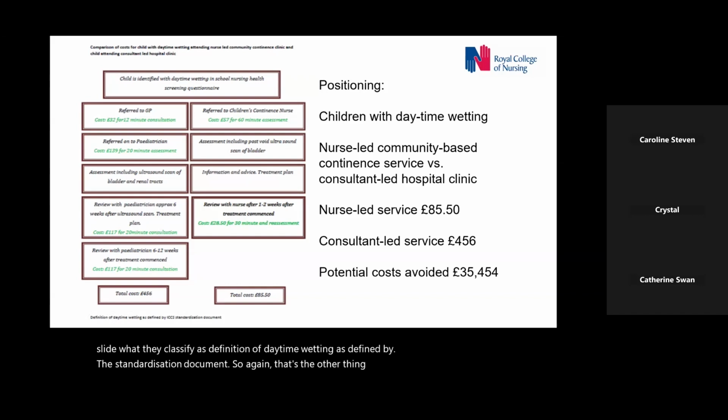So again, that's the other thing to think about. If you're talking about a specific piece of work, then you need to make sure that you all have a clear definition of what it is that you're looking at. Because unfortunately, we think we can communicate, we're going to do a project on, for example, reducing glove use, but then is everyone very clear on exactly what it is that you're looking at and measuring?